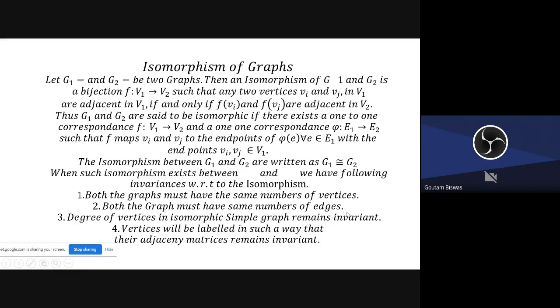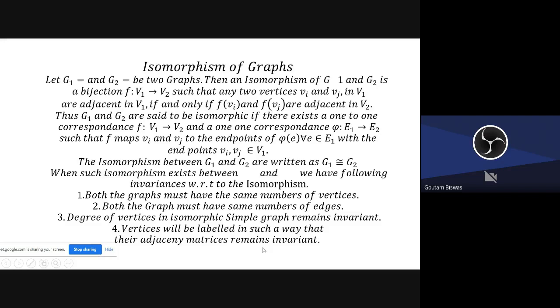Suppose the degrees of Vi and Vj are 2 and 3, then f of Vi will have degree 2, and the degree of this vertex and this vertex will be the same. Vertices will be labeled in such a way that the names given are in accordance with the adjacency matrix.